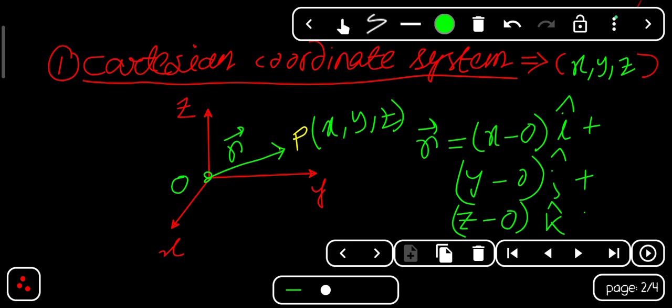So if you want to visualize, the surface element will be like this.